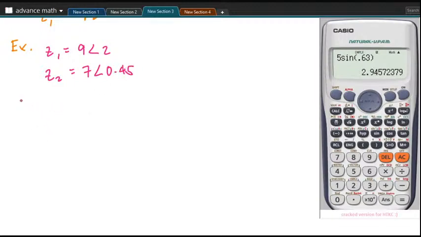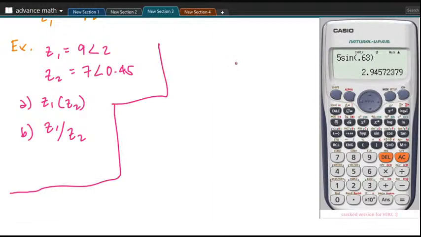So we need to find first the multiplication, z sub 1 times z sub 2, and then the division z sub 1 over z sub 2. So this will be our solution.